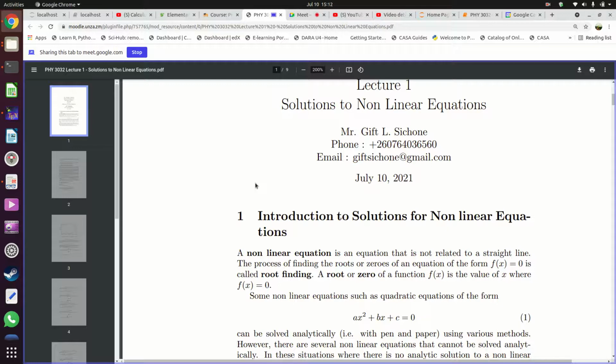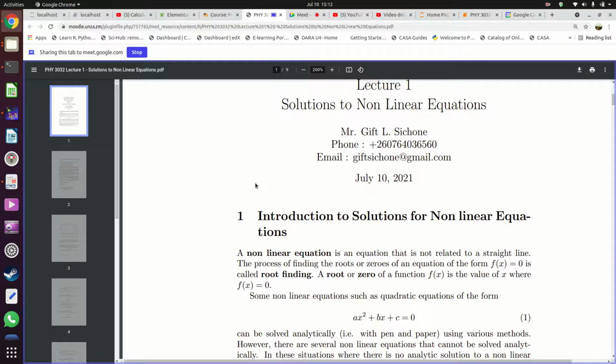We know how straight lines are: y = ax + b, where a is your slope, x is your x coordinate, and b is your intercept. But anything which is not a straight line is referred to as a nonlinear equation.